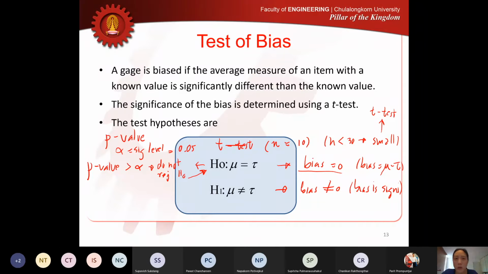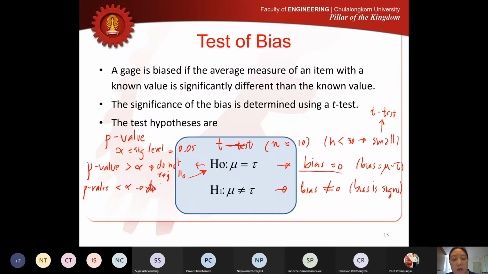So in short, you will do the t-test, and then take a look at the p-value. If the p-value is greater than 0.05, you will believe that bias is not statistically significant. But if the p-value is less than alpha, the rule is that we reject H0.